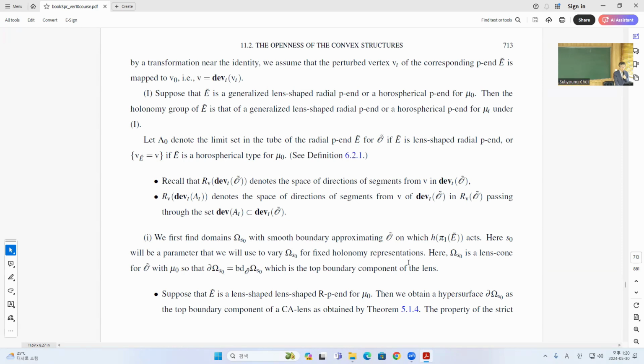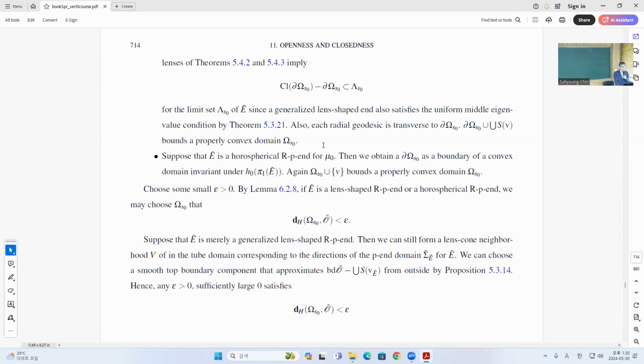So this is a sort of lens approximating all of the O double tilde, sorry, maybe you should say double tilde. So you have some lens-shaped Rn, and this top will be obtained by some CA lens. And also this boundary is in the limit set of E tilde.